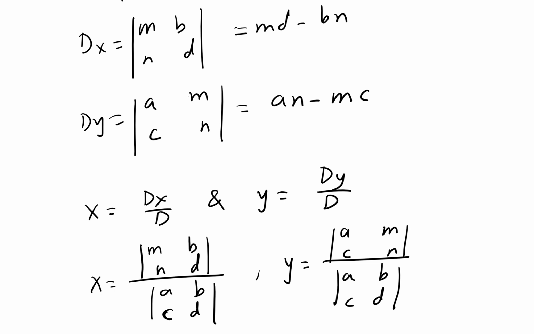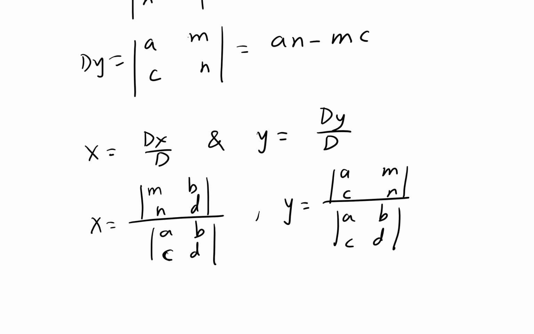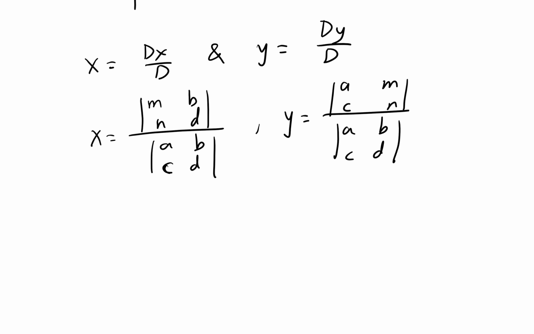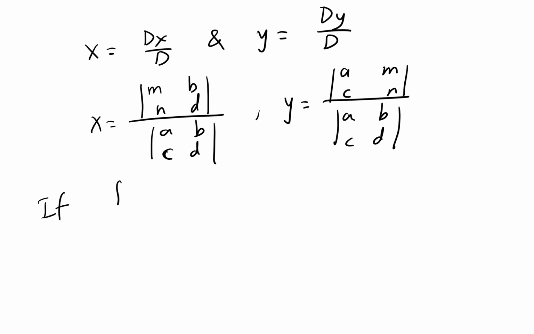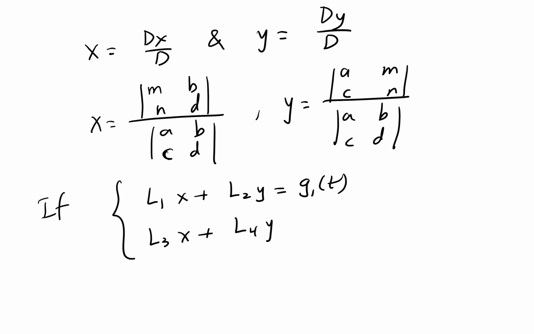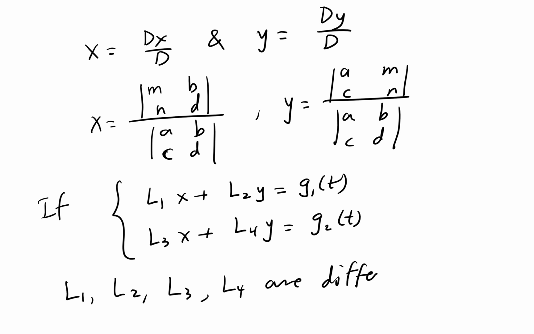We can do the same thing in differential equations as we do in matrices. We can start by saying if we are given a system like this, call it L1 x plus L2 y equals g1 of t, and L3 x plus L4 y equals g2 of t, where those L1, L2, L3, L4 are differential operators, like D squared, things like that.